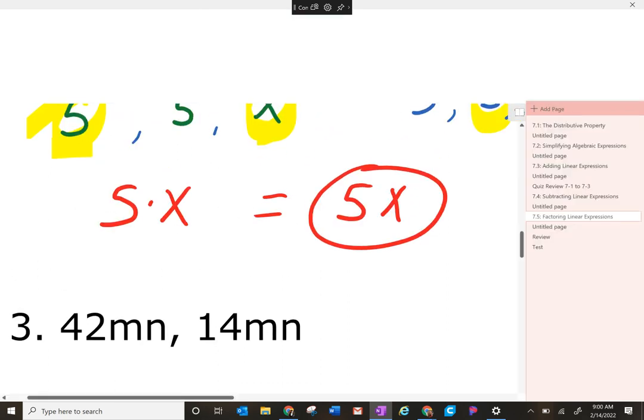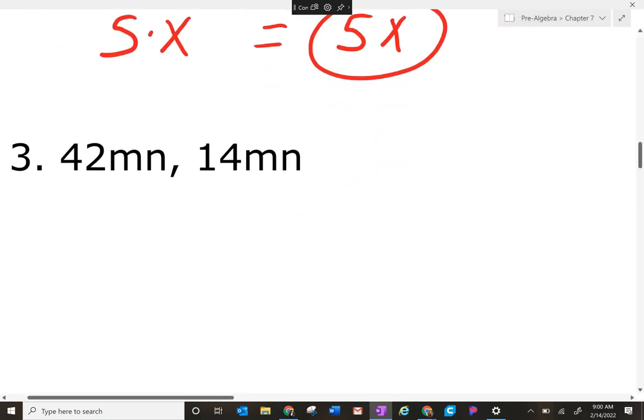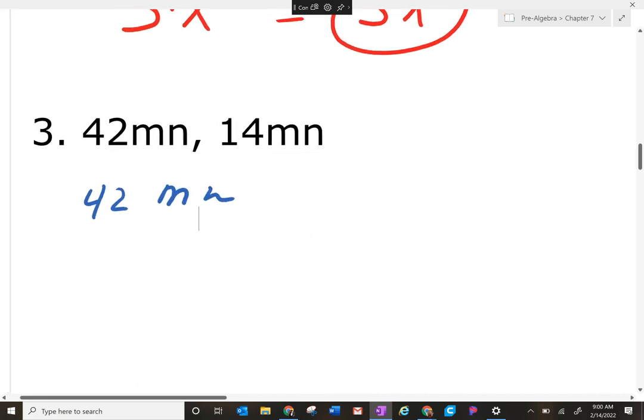Okay, I've got 42mn and 14mn. I'm going to grab two different color pens again. We're going to do it the same way. I'm going to start just with this number here. 42, I know I can divide that into 2, and that's a 21.